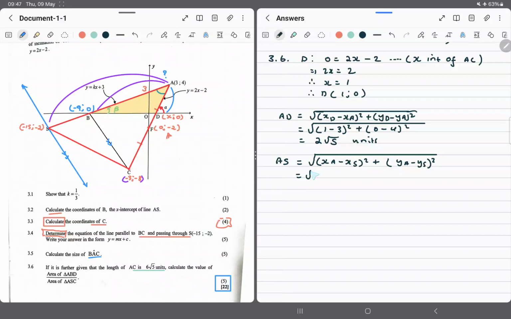This is 3 minus negative 15, which is going to be plus 15 squared, plus this one is 4 minus 2, that is going to be 2 squared. So let us see what we get when we put that in the calculator. That gives us 6 root 10.